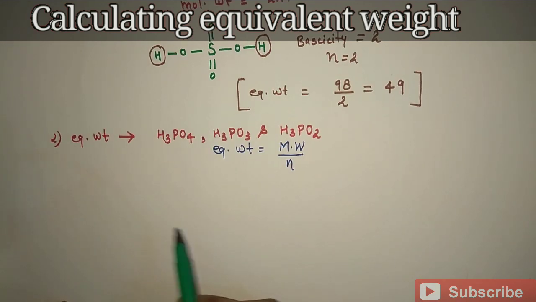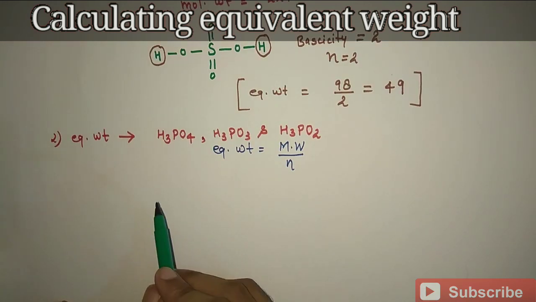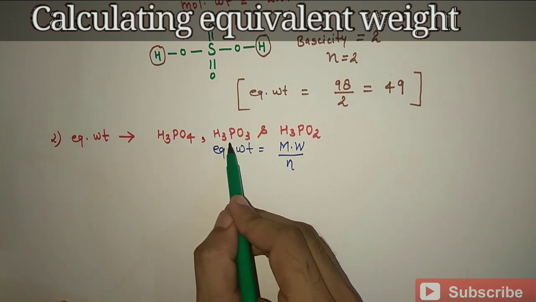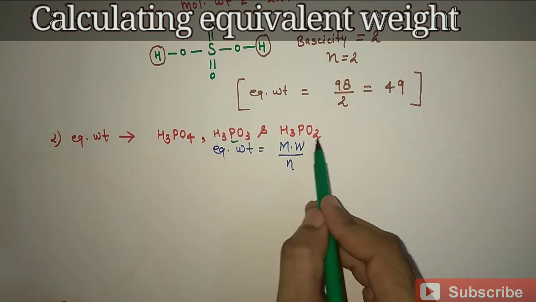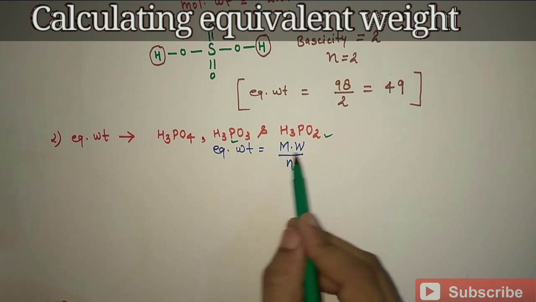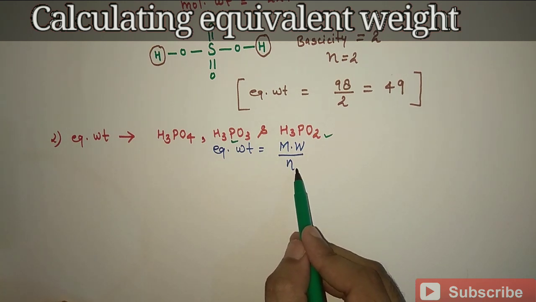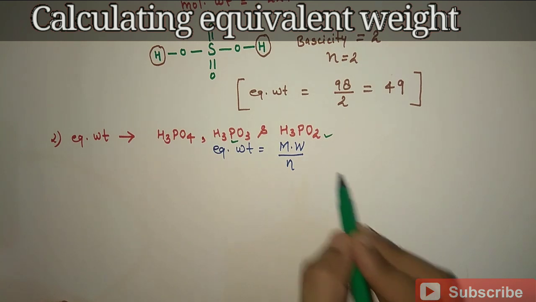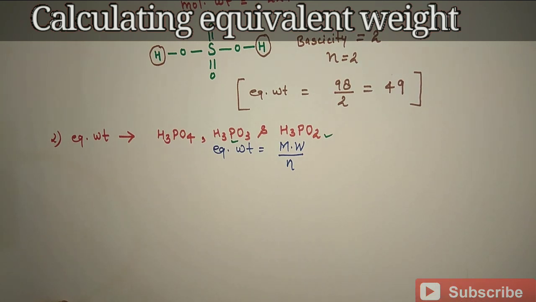Now let's suppose we have to find out the equivalent weight for H3PO4, H3PO3 and H3PO2. The formula for equivalent weight will be molecular weight divided by the equivalence factor, and that is the basicity of an acid.